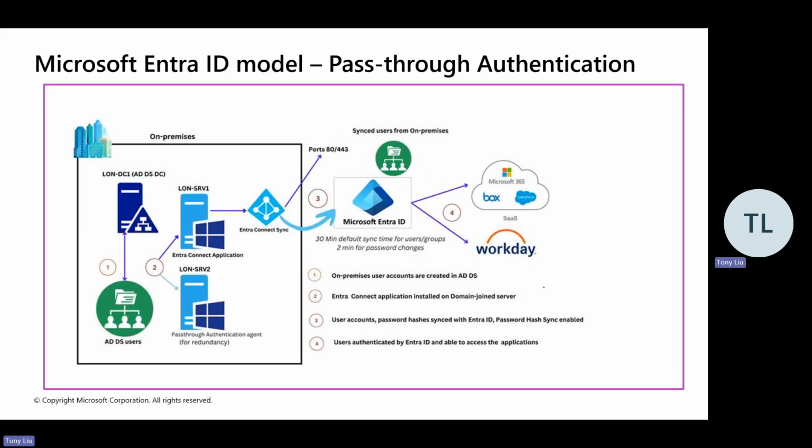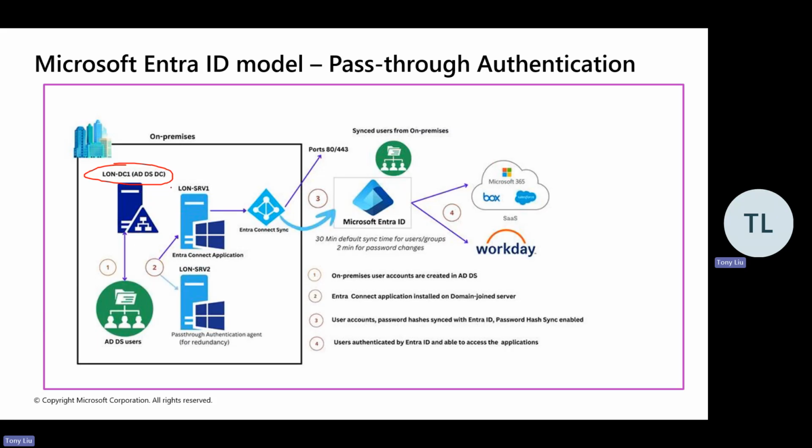Another one is pass-through authentication. This is a lot more complicated. You see, this is on premises. You have LON-DC1, the ADDS domain controller. Although we use Seattle one, this one is using London. LON means London. This is a different environment.